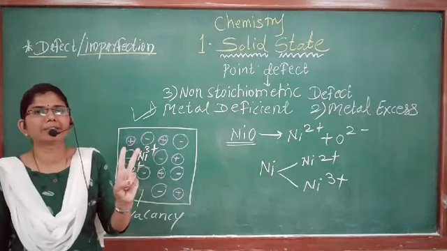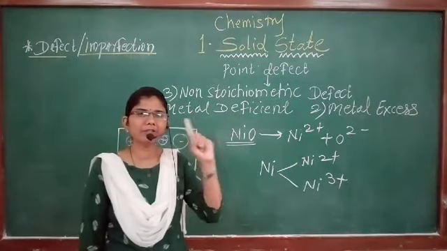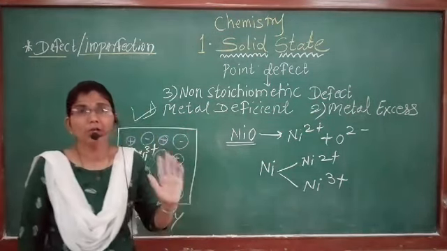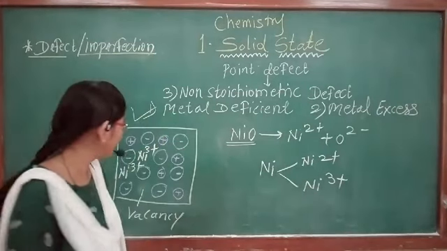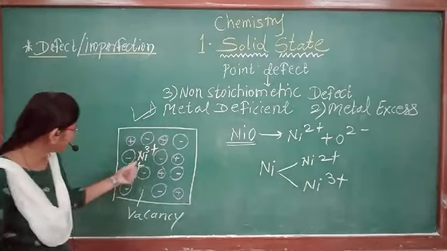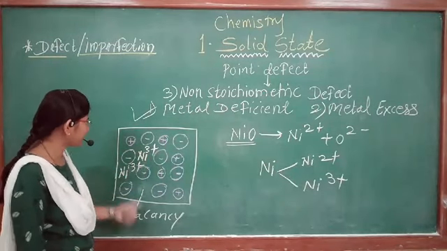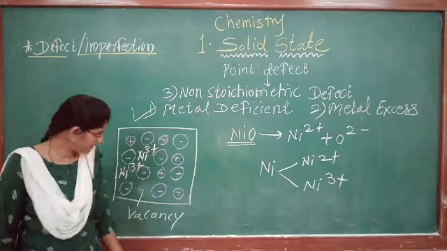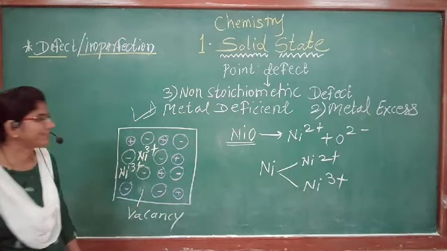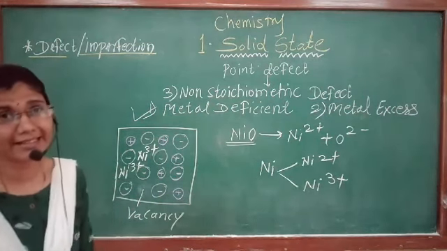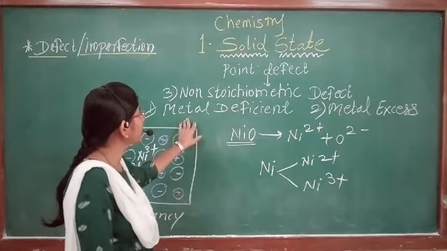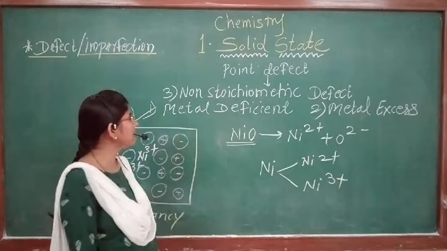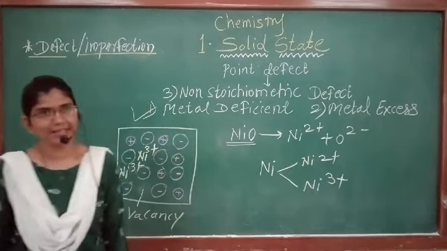For 2 Ni3+ ions we have a vacancy of 1 Ni2+, to maintain electrical neutrality in this non-stoichiometric defect, because two Ni2+ make +4 and two Ni3+ make +6, so one Ni gets replaced and creates a vacancy. So the first type of non-stoichiometric defect is the metal deficient defect.